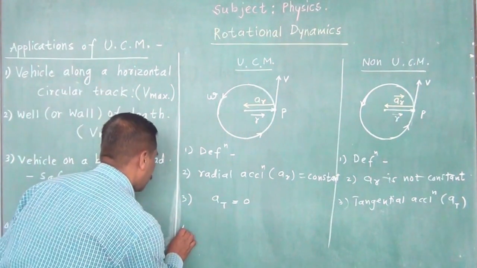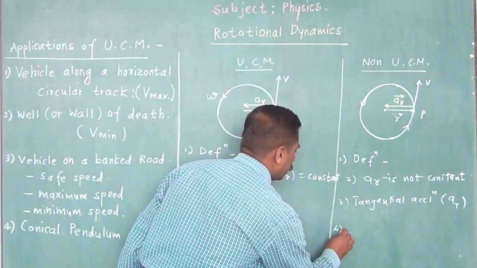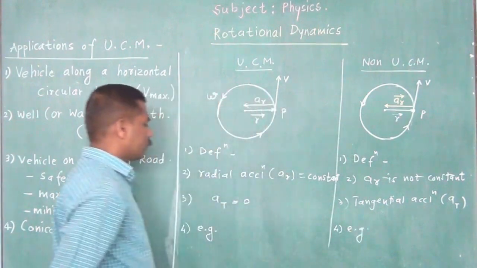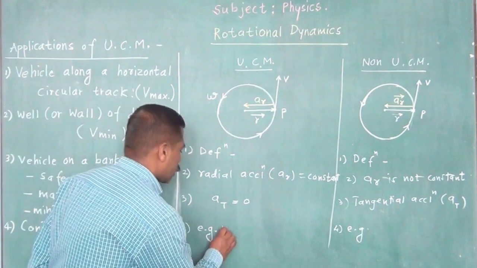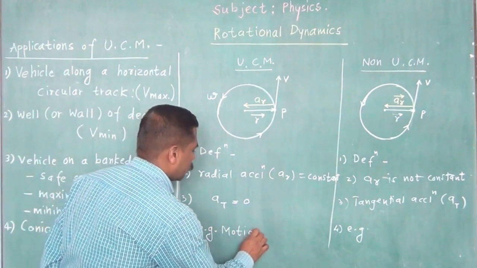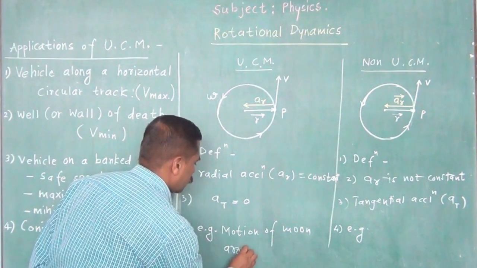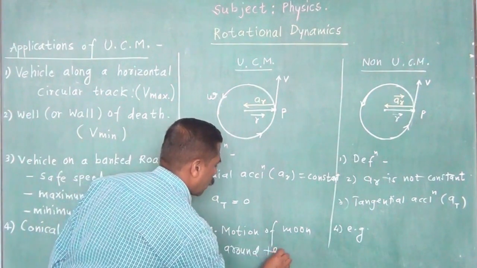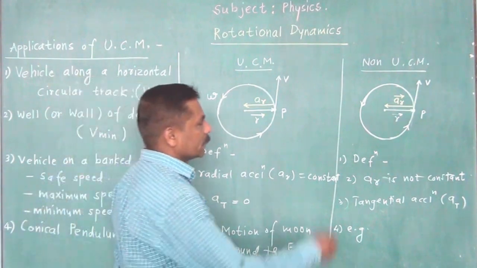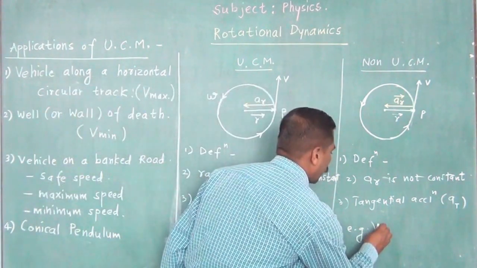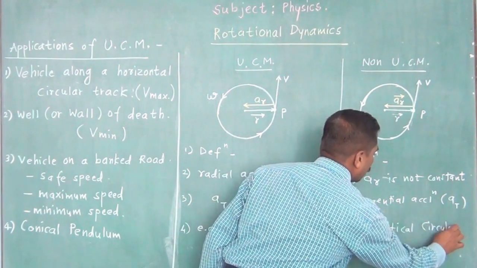And the fourth point you can remember is the example related to this. In case of uniform circular motion, we have seen the motion of the moon around the earth, while in case of non-uniform circular motion we have seen vertical circular motion.